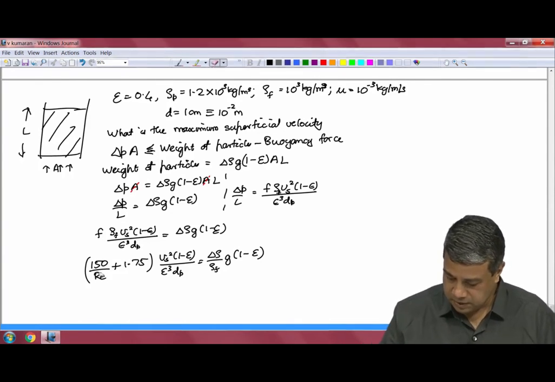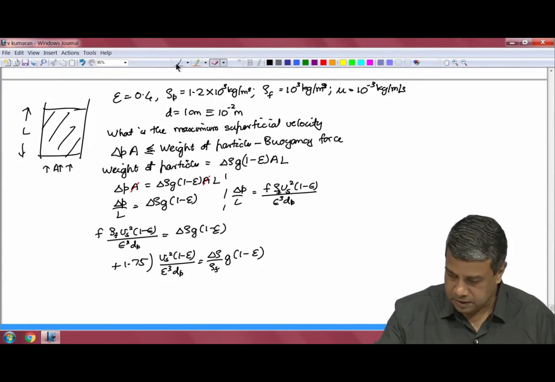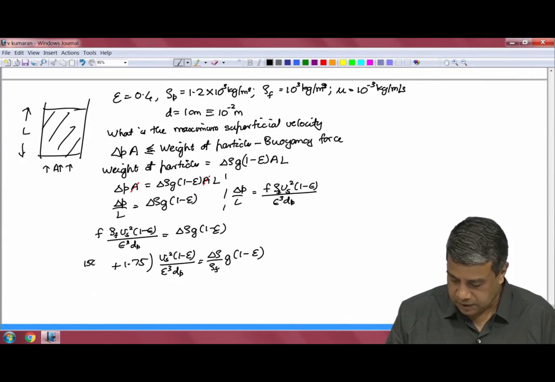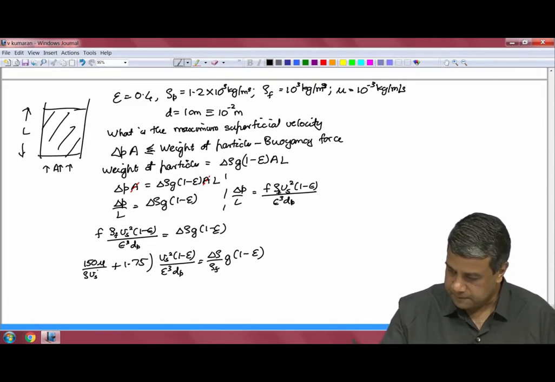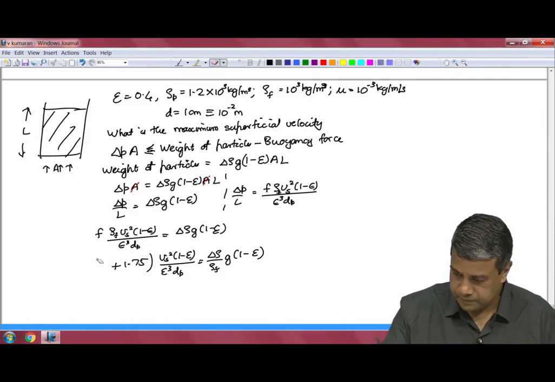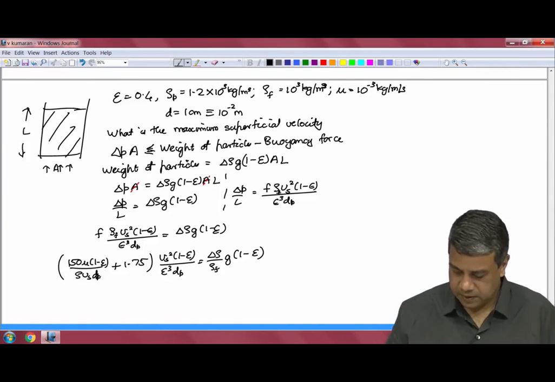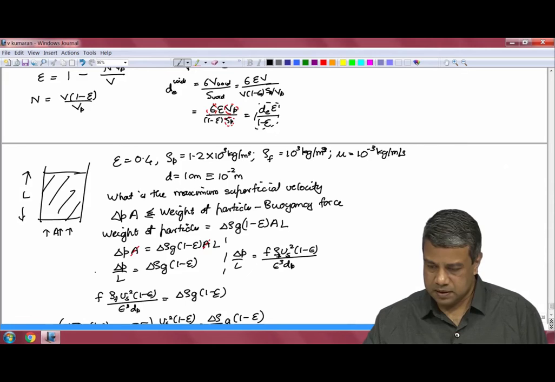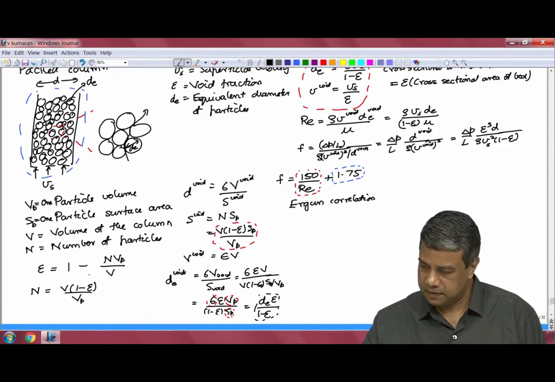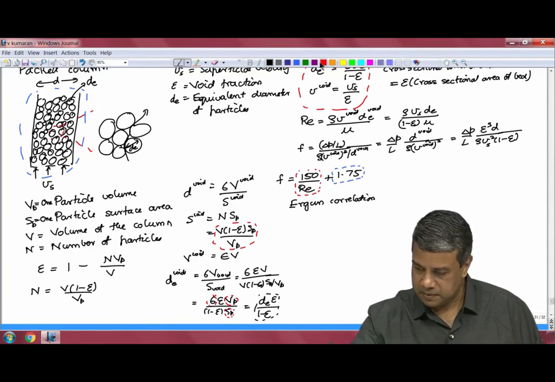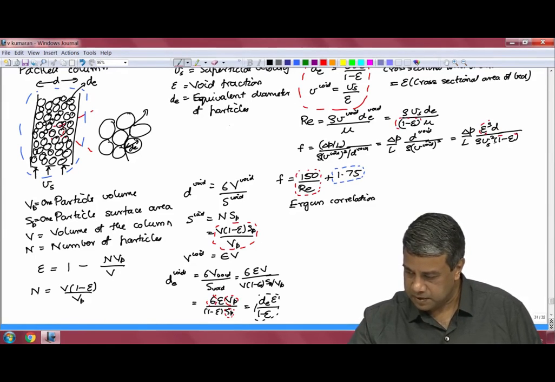So, for 150 by Re, I can write that as 150 mu by rho Vs. Recall that the Reynolds number had this factor of 1 minus epsilon in the denominator, and the friction factor has the factor of epsilon cubed by 1 minus epsilon.